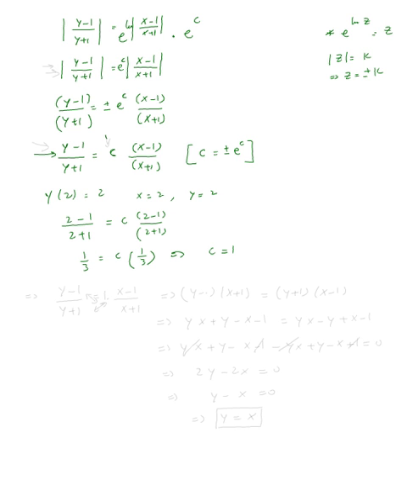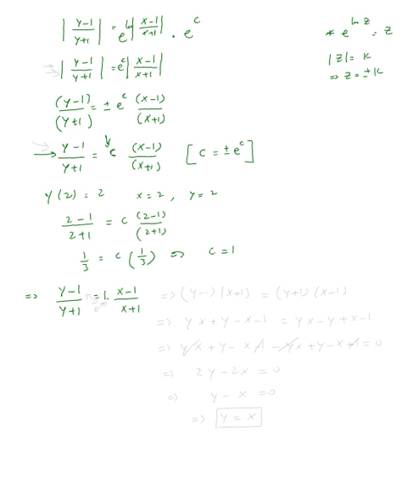Now we're going to go back and plug it in here. So the implicit solution will be y minus 1 over y plus 1 is equal to c, which is 1. I'm not going to write the 1. 1 times x minus 1 over x plus 1. I mean, you don't have to write the 1, right?